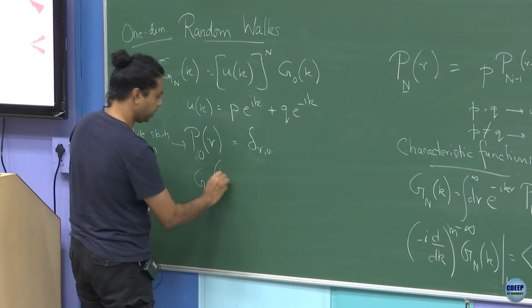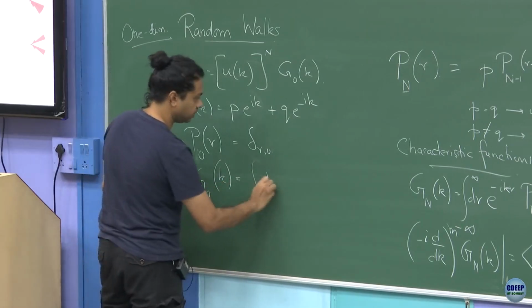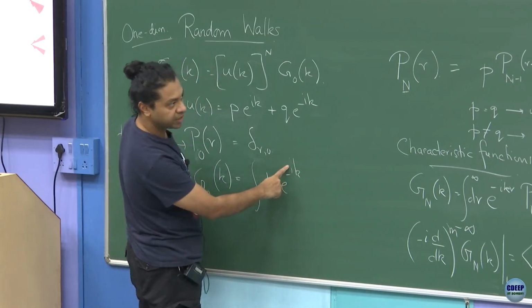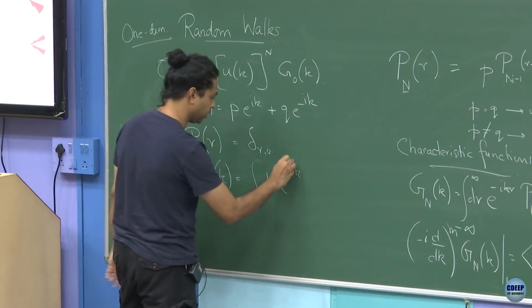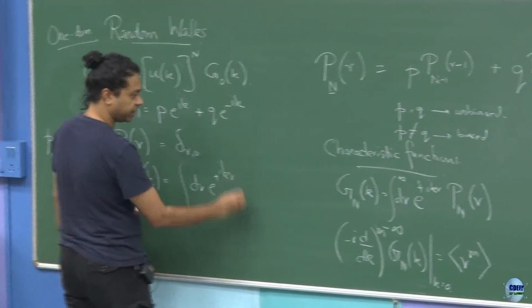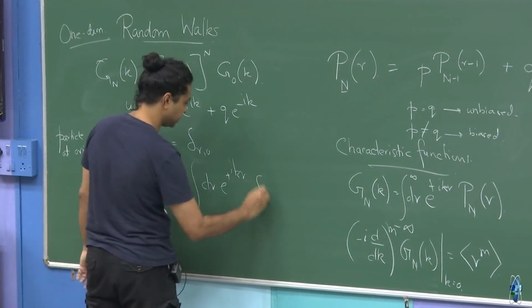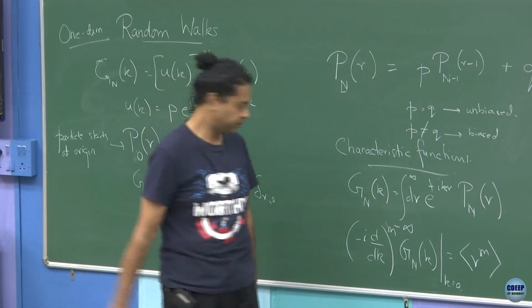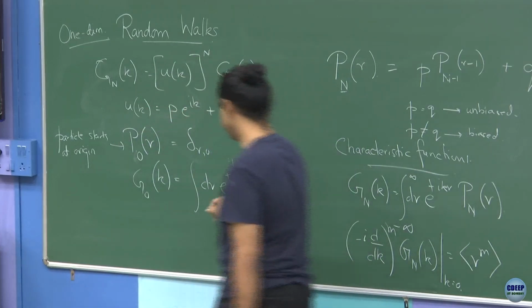That is my P0 of r, which means I can now calculate my generating function G0 of k, which is the integral dr e to the power of ikr. Did I use minus or plus? I think I used plus. So, e to the power of ikr P0 of r, which is delta r comma 0, integrated from minus infinity to infinity.